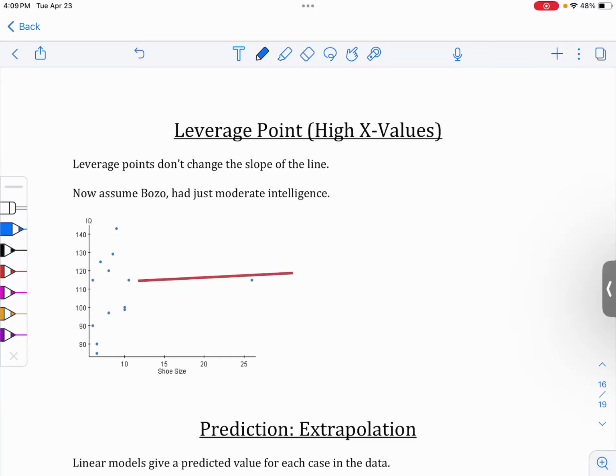It means that I only have people up to size like 12, 13 shoes, but if I filled in the rest of this data, it should ideally keep fitting the pattern. So this one should be noted, but this does not fail the no outlier condition in correlation.